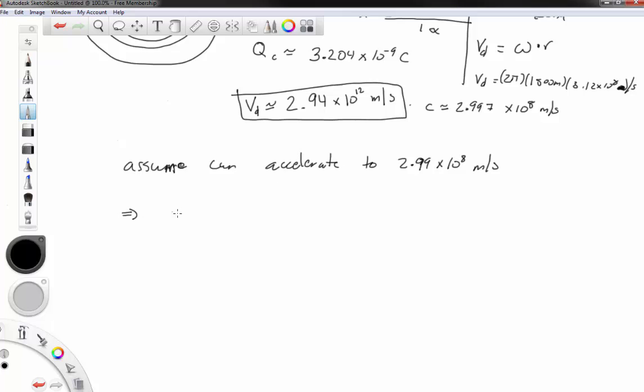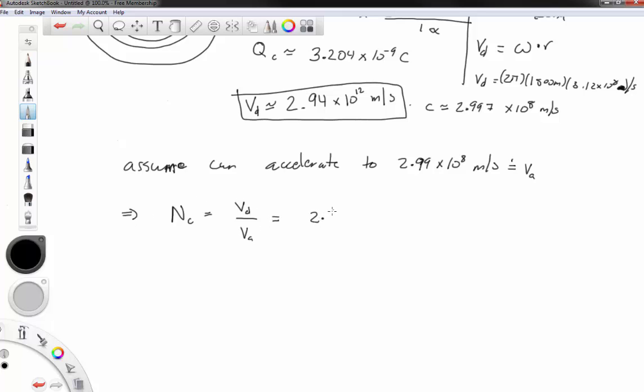Then the number of clusters would represent this speed. We'll use this as V actual. You'd use V drift for 1, that would be this guy, divided by V actual, and that tells you how many clusters you need to have.